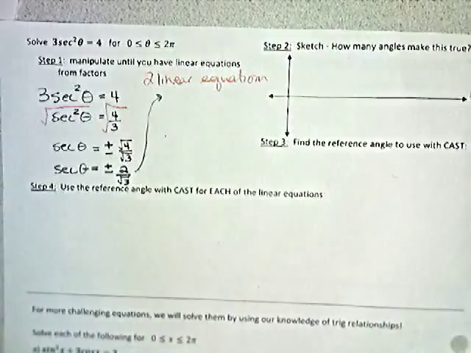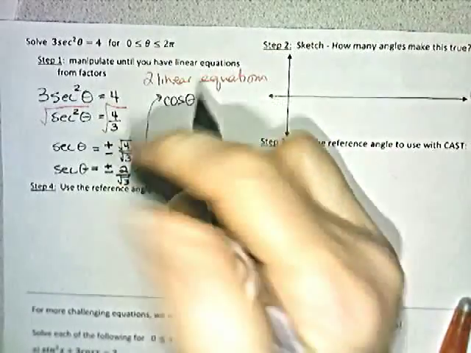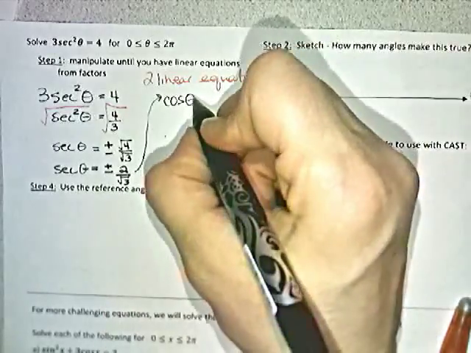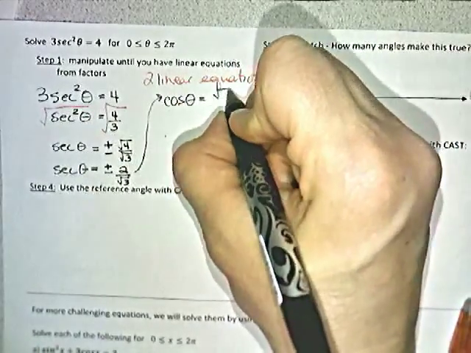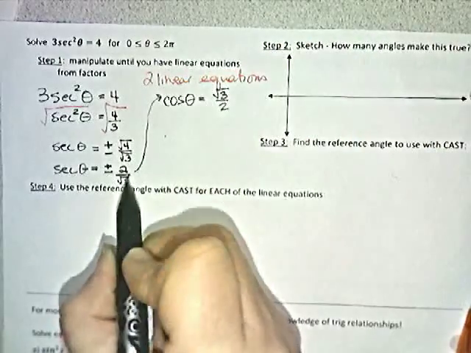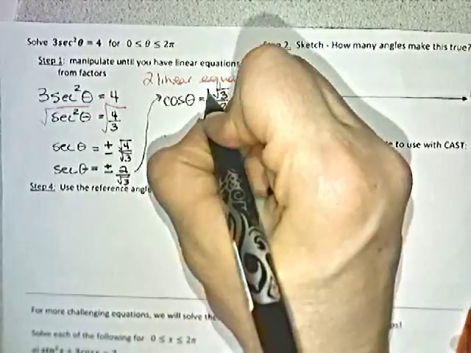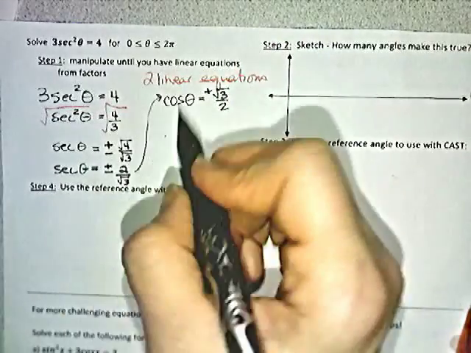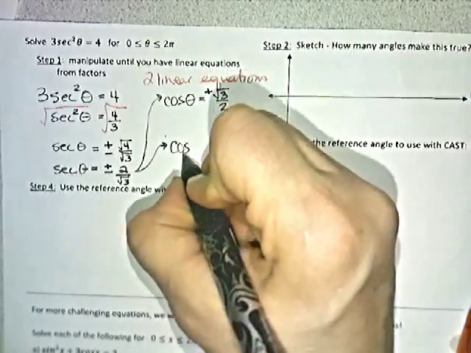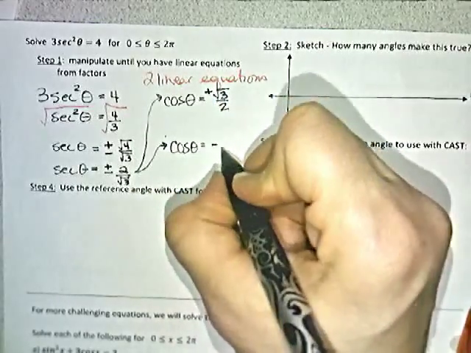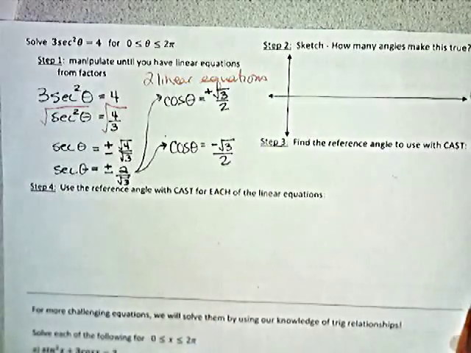Let's deal with them separately. So if I just flip this ratio upside down, my adjacent over my hypotenuse, I wouldn't be comparing secant anymore. I would be comparing cosine. And so we'll put our adjacent on the top and our hypotenuse on the bottom, and we'll consider the positive aspect that comes out of this scenario, as well as the cosine of theta, where I've got to look at that negative value for the cos of theta.